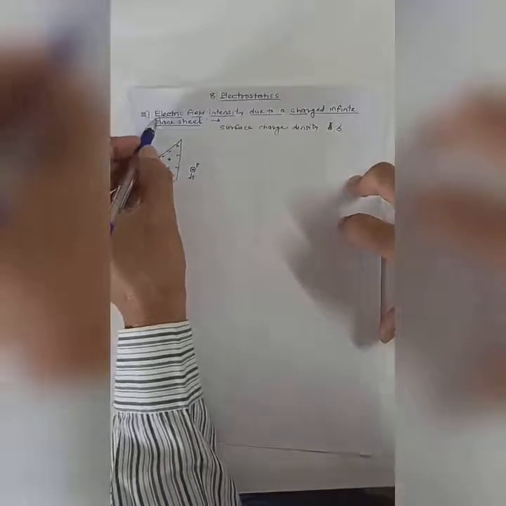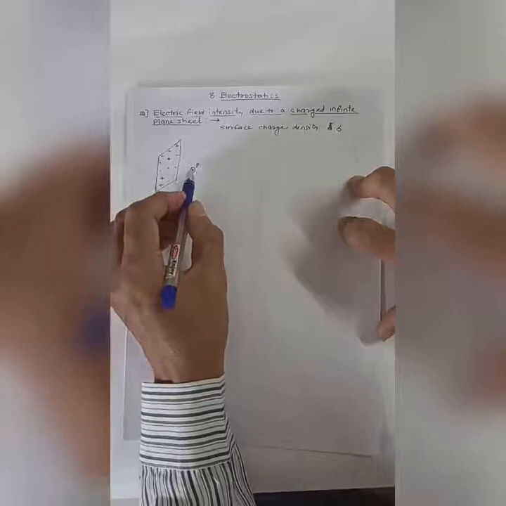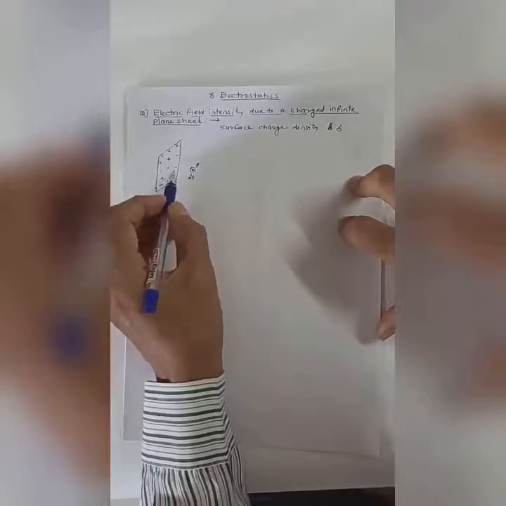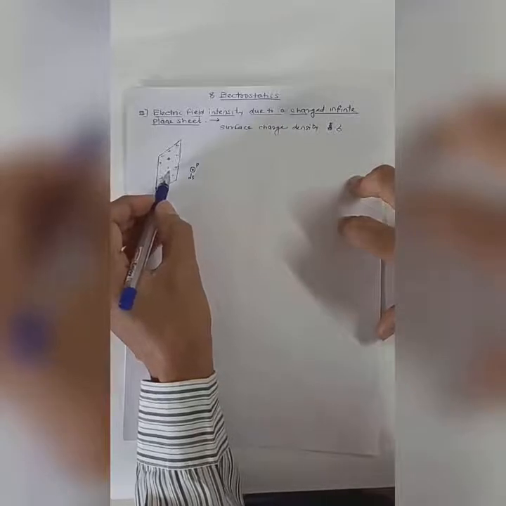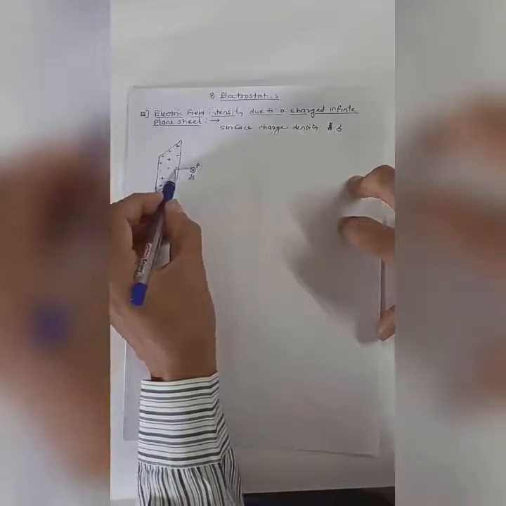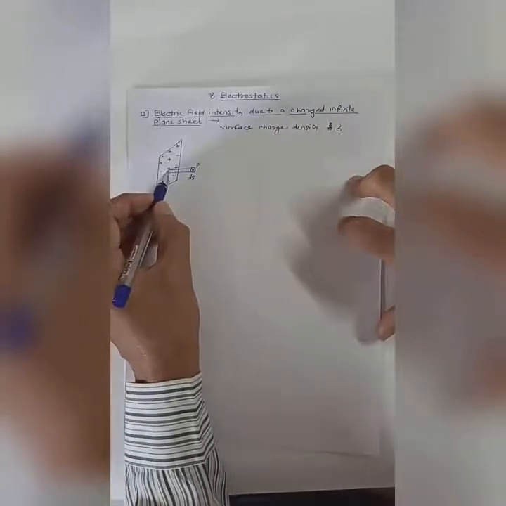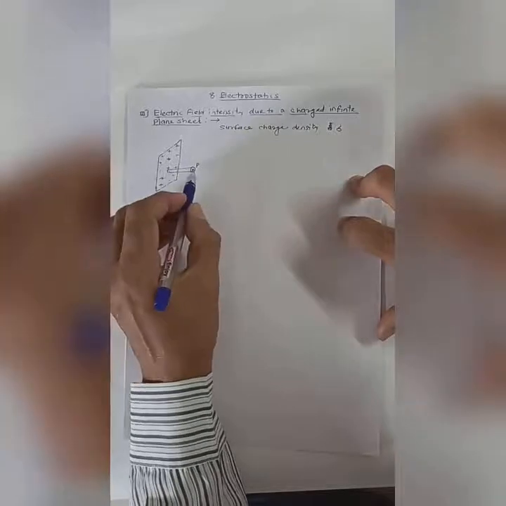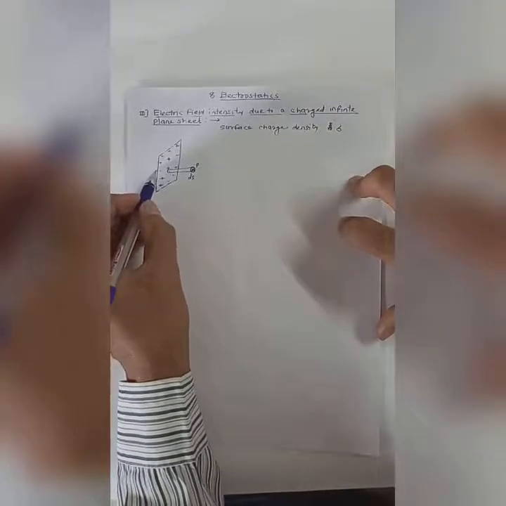Now, for symmetry, draw a cylinder passing through this plane sheet, whose one end is on the left and the other end is on the right of the plane sheet like this.